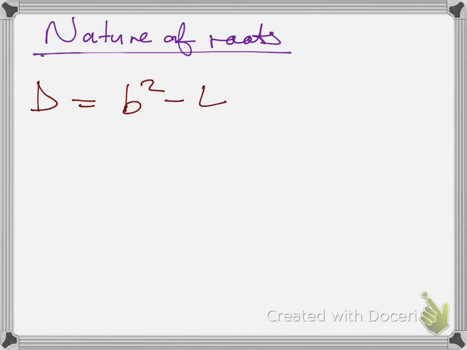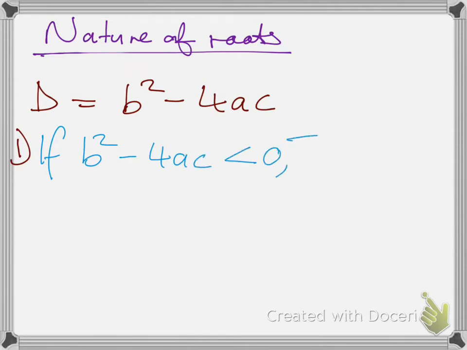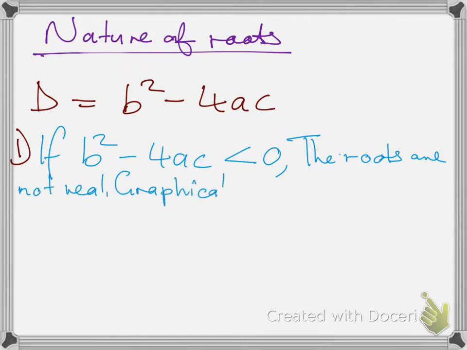When delta equals b squared minus 4ac, we can calculate it for any equation. If our delta is less than 0, the roots are non-real, which means there is no x-intercept, and the graph is suspended above or below the x-axis.